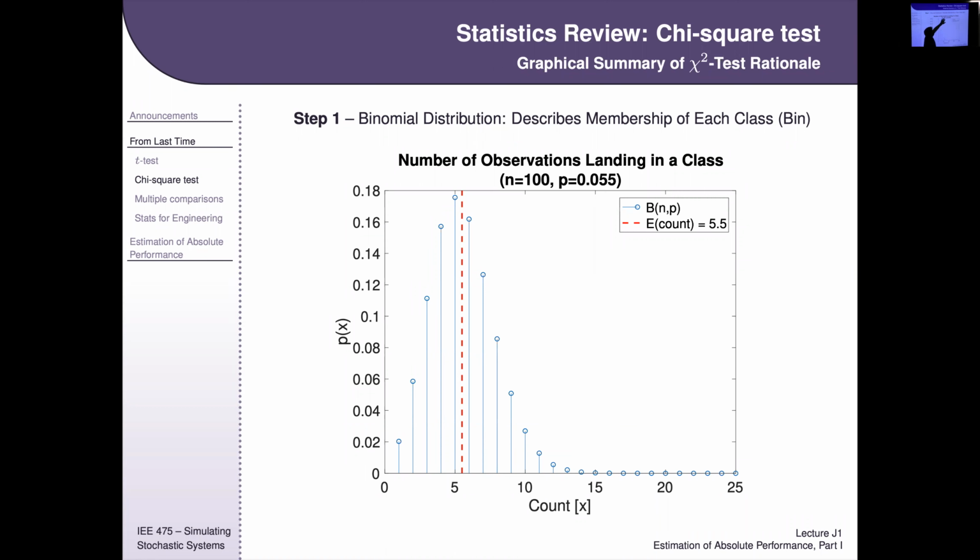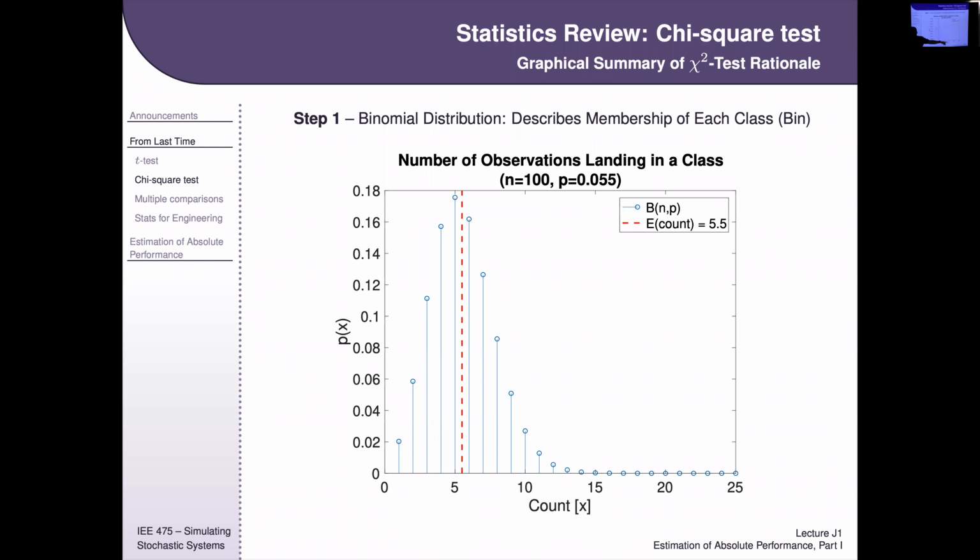An expected count. So I have 100 samples with a 5.5% probability of them landing in a bin. So 5.5% of them come in the bin, the rest of them go in another bin. That I can describe with a binomial distribution, a binomial distribution with n equal 100 and p equal 0.055. Those are the blue stems here.